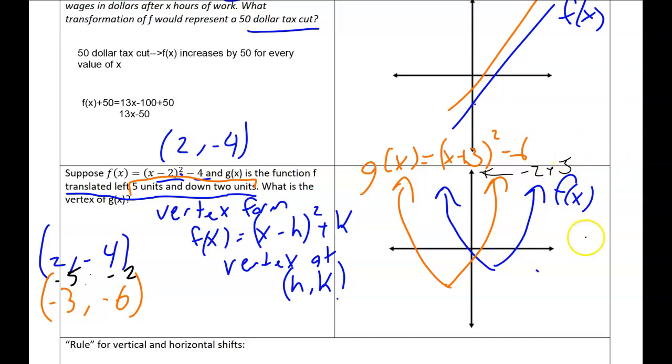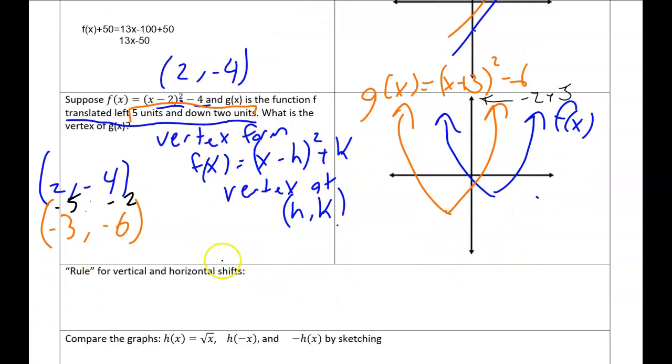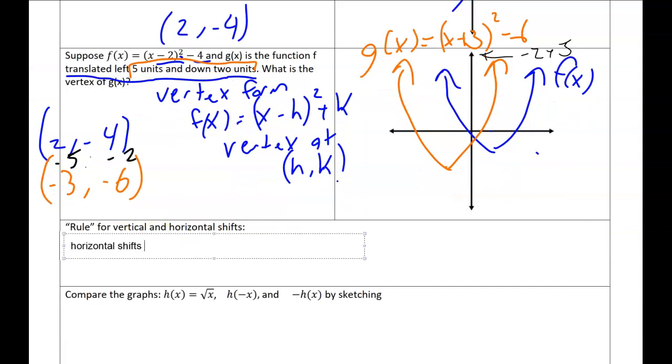Okay, so this rule is tricky, and you can memorize this, or you can connect it to this idea of a vertex of a parabola, but make sure you write this down very, very clearly in your notes so we don't get it backwards. So a rightward shift of b units of f of x is taking f of x and transforming it to f of x minus b.